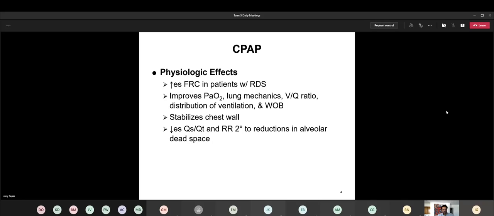And if FRC starts to increase, then you should start to see improvements in saturation, and also their lung compliance start to improve. Ultimately their VQ ratio is going to be better if you can get the oxygenation to improve. And then you should see your overall work of breathing not be as high. No more retractions, hopefully.